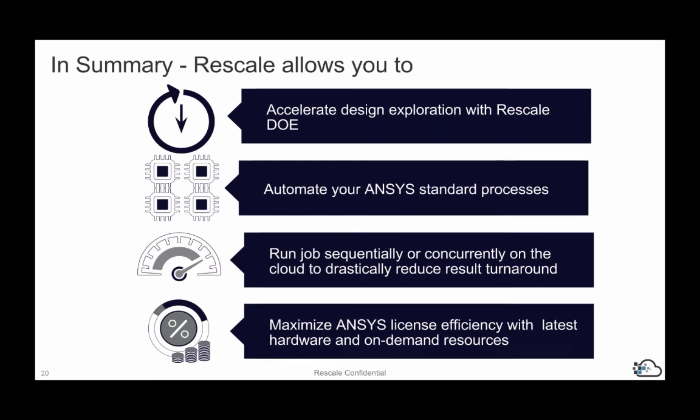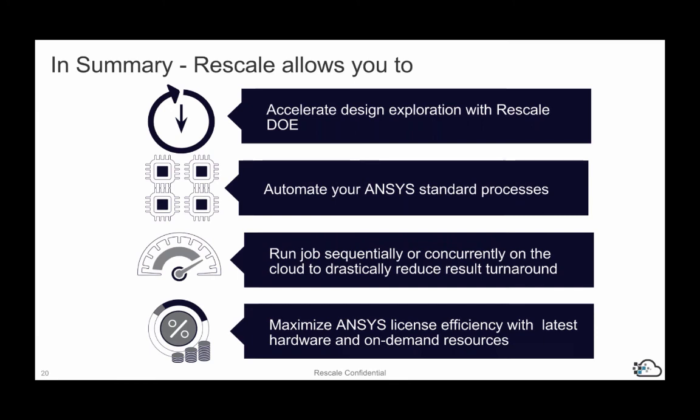You're able to automate some of the ANSYS standard processes by bringing your script in, extracting key value data, etc. You're able to run your job sequentially or concurrently, and by that you are really able to reduce time drastically as well.